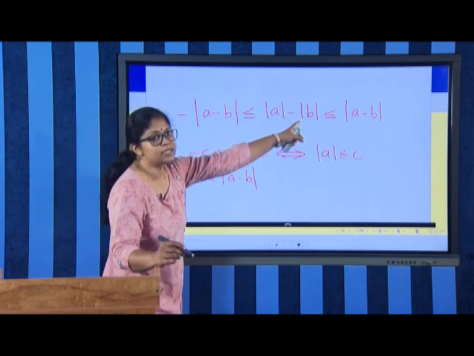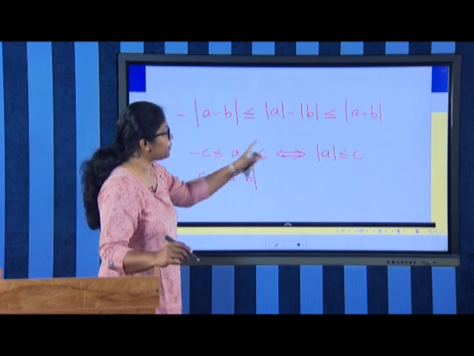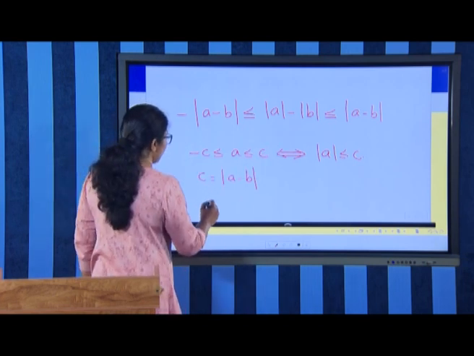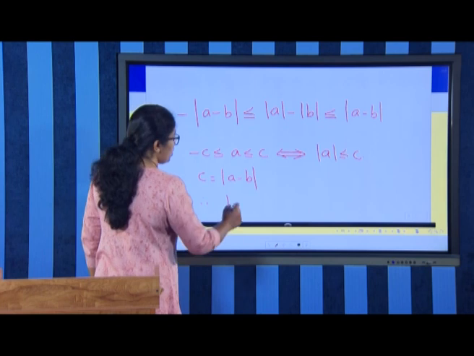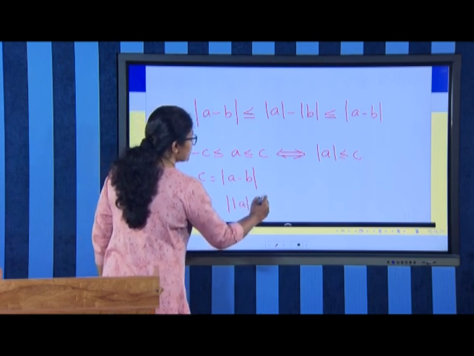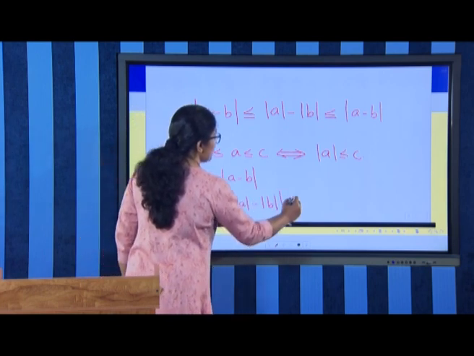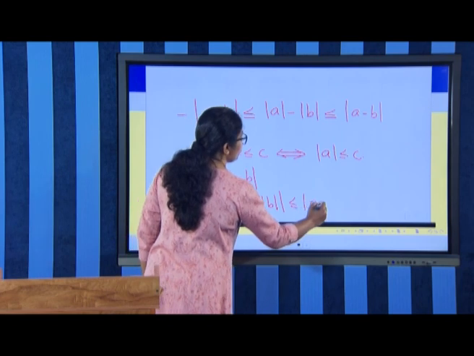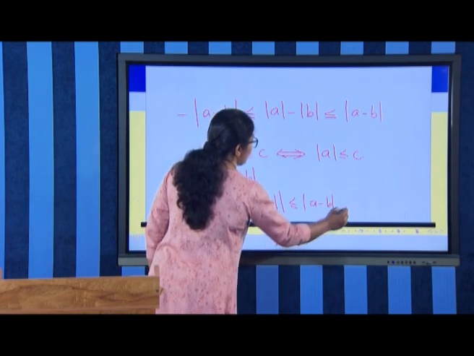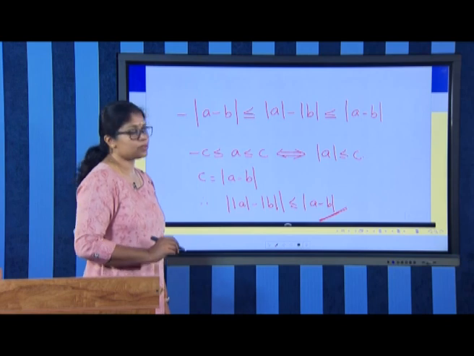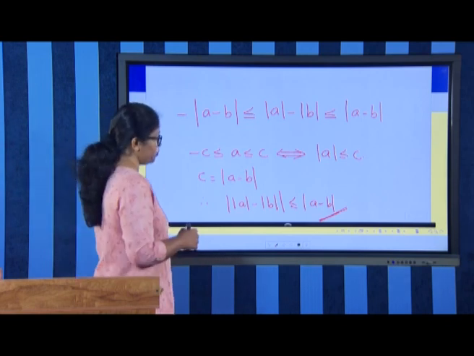Mod A minus mod B. Therefore, by applying this result, we have modulus of A minus modulus of B is less than or equal to modulus of A minus B. So, that completes the proof.